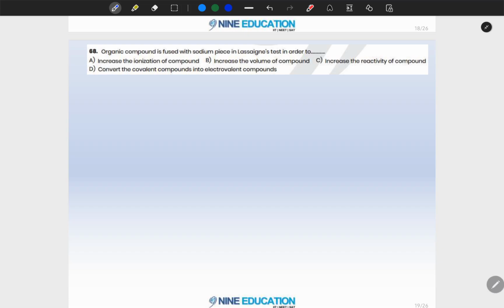Now the Lassaigne test is basically used for detection of sulfur, nitrogen, halogen or phosphorus in organic compounds, right?